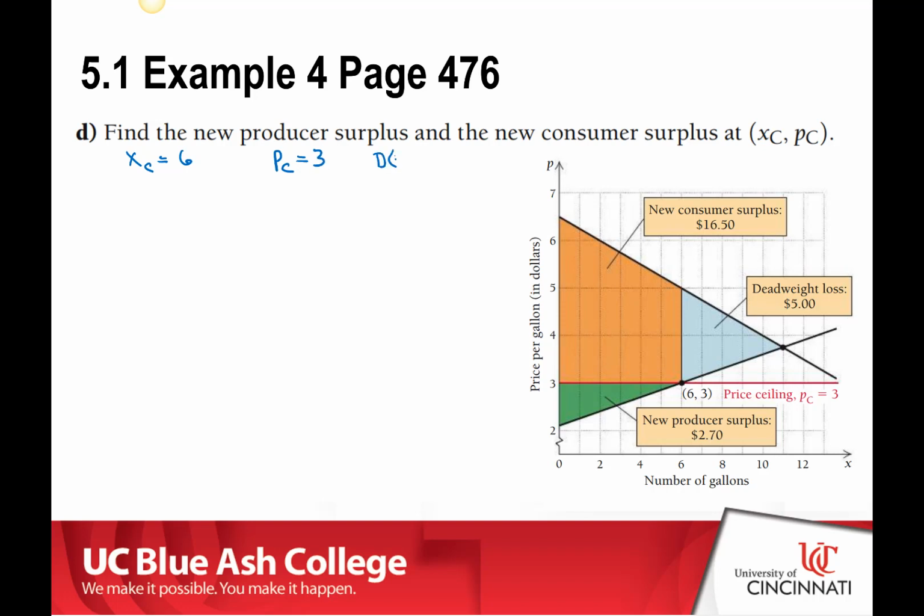Our demand function is going to be 6.5 minus 0.25x, and we're going to compute our consumer surplus as the integral from 0 to 6 of our demand function 6.5 minus 0.25x, integrate with respect to x. We're going to subtract the revenue. The revenue is 6 times 3.